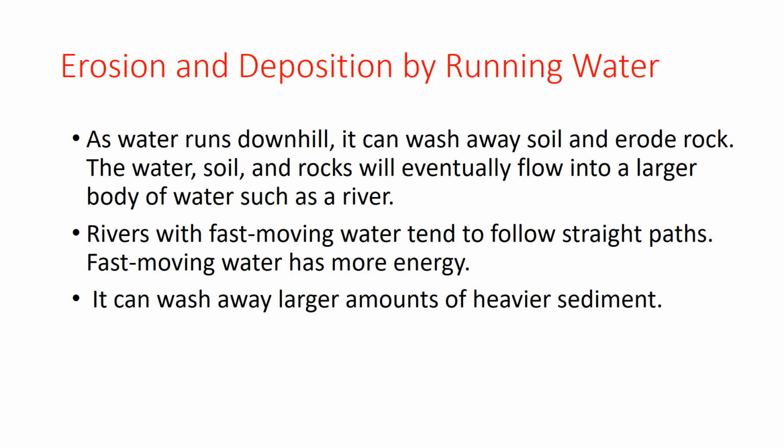Erosion and deposition by running water. As water runs downhill, it can wash away soil and erode rock. The water, soil, and rocks will eventually flow into a larger body of water, such as a river. Rivers with fast-moving water tend to follow straight paths. Fast-moving water has more energy.